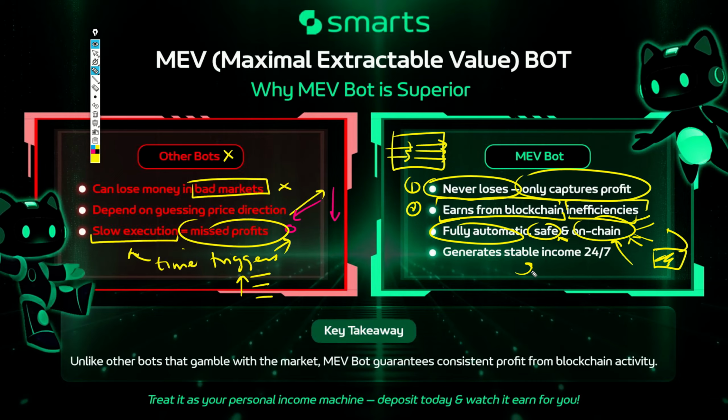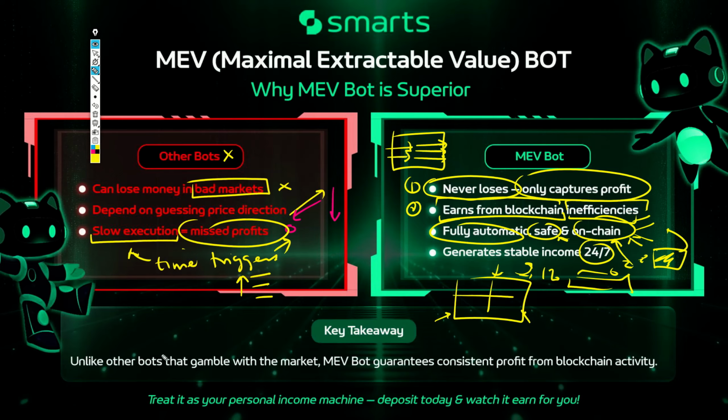Stable income generated: up to 1% daily for you, 24/7. So you can go to bed, sleep easy, and yet you wake up and you've made profit in your earning section on your back office.